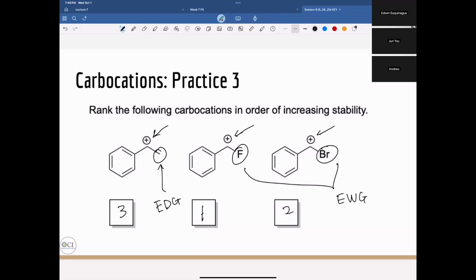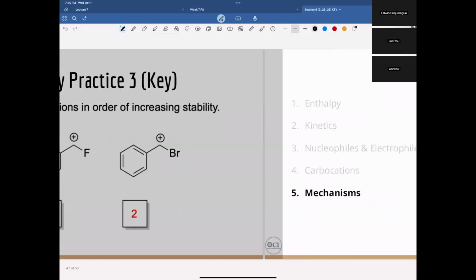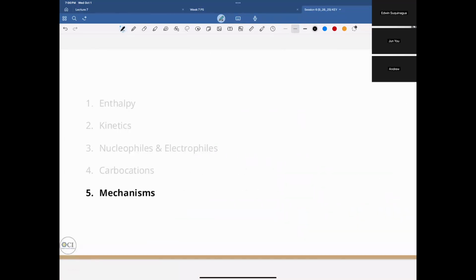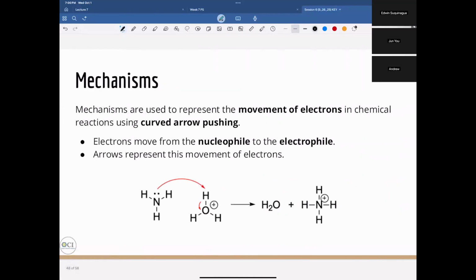All right, let's continue on to our last subtopic, which is mechanisms. You guys have already done these with acid-base chemistry. Mechanisms is basically the movement of electrons using arrows to show that. In today's session, we're going to be using nucleophiles and electrophiles to show the mechanisms.